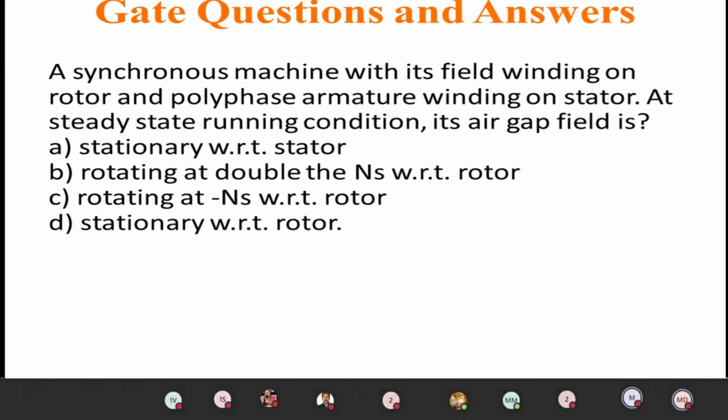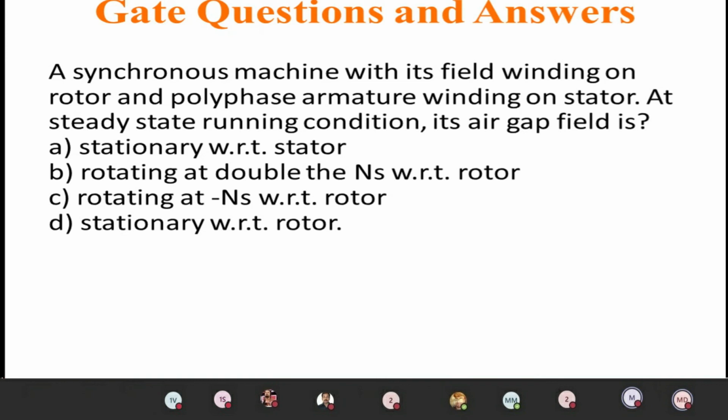Synchronous machine with a field winding on rotor and polyphase armature winding on stator.